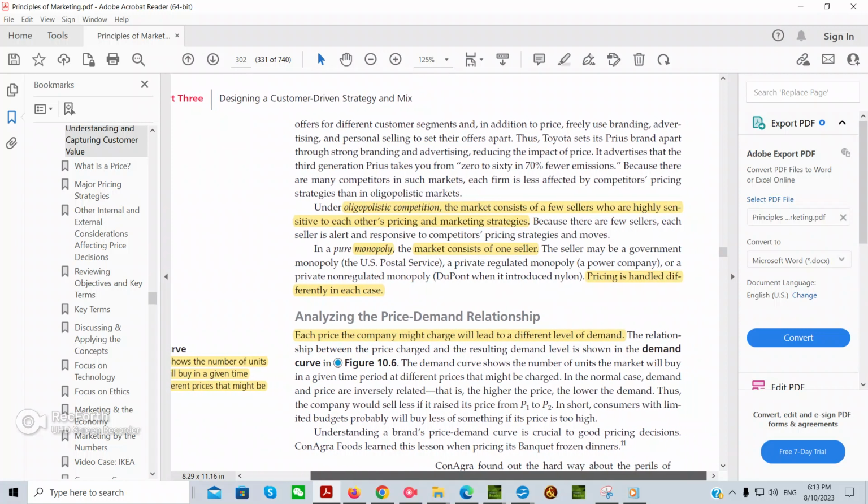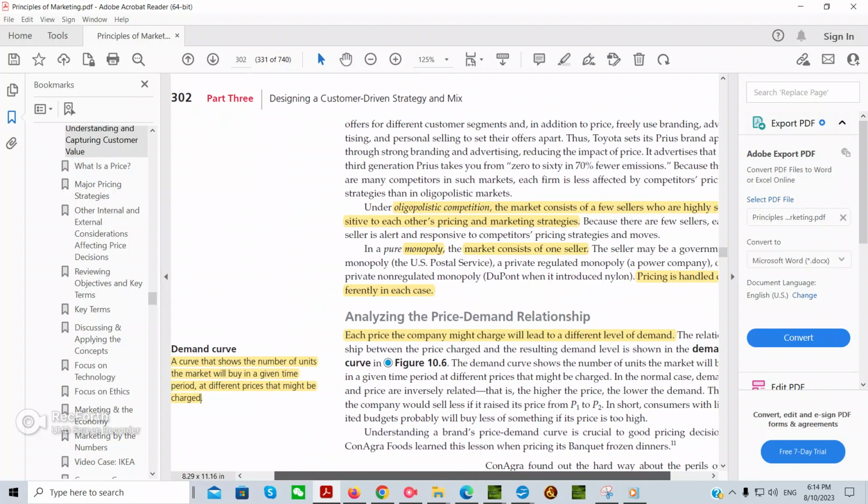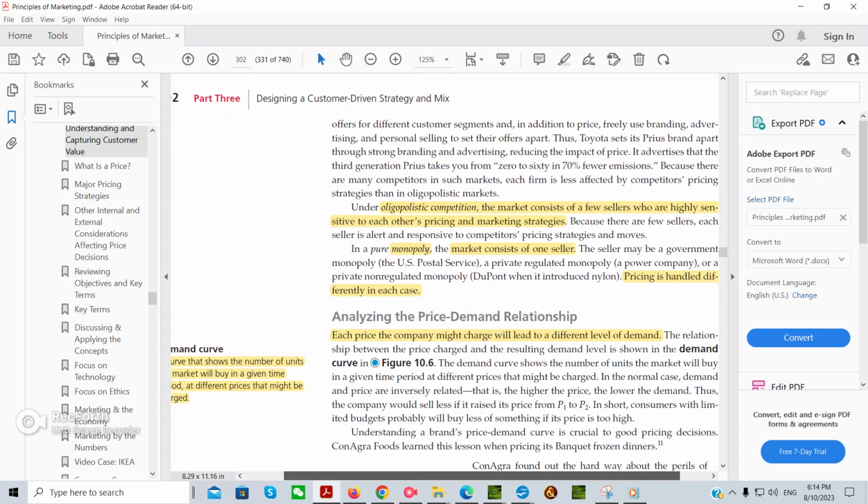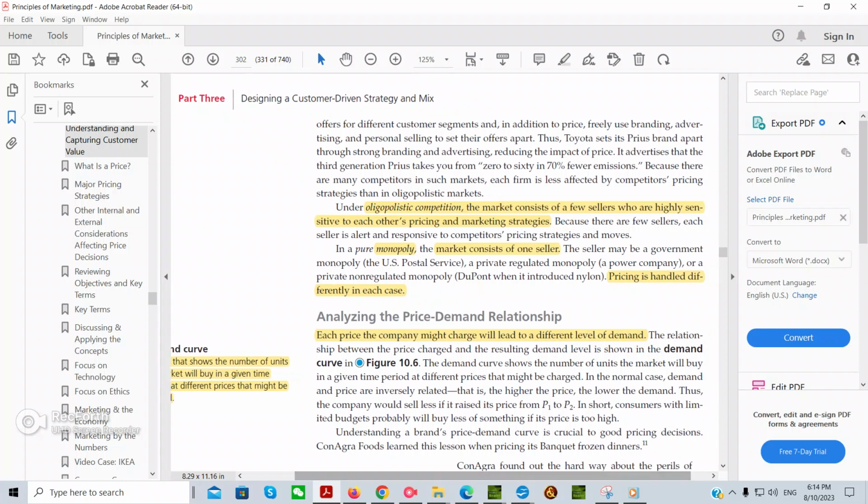One is very limited, and one is very distributed, meaning lots of people can buy it cheap, and very few can buy expensive. The demand curve shows the number of units the market will buy in any given time period at different prices that might be charged.